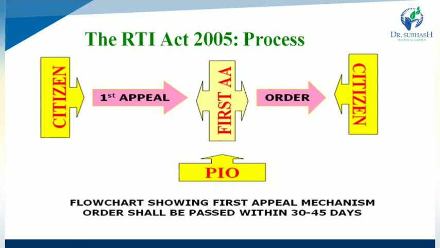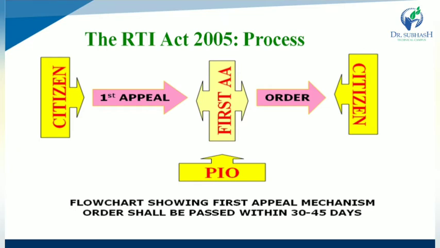So what is the time limit for a first appeal order? The first appeal order is passed within 30 to 45 days.